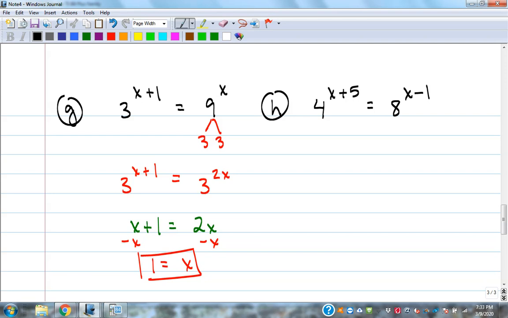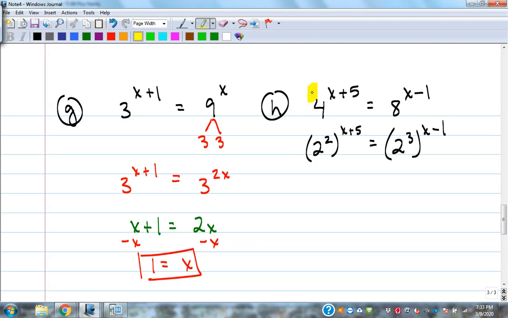They're both even, which means 2 goes into them. So can I rewrite 4 as 2 to a power? It's 2 to the what power? Second, and 8 would be 2 to the third, right?